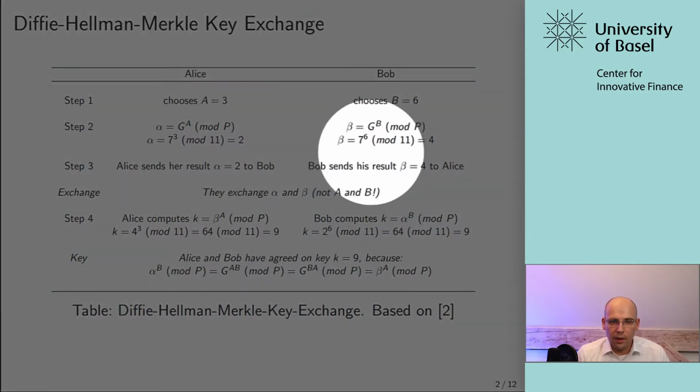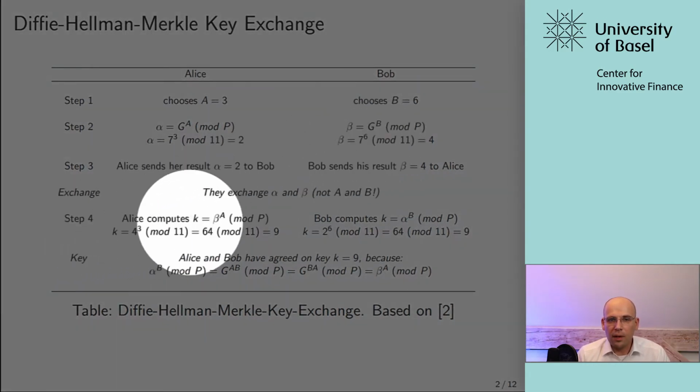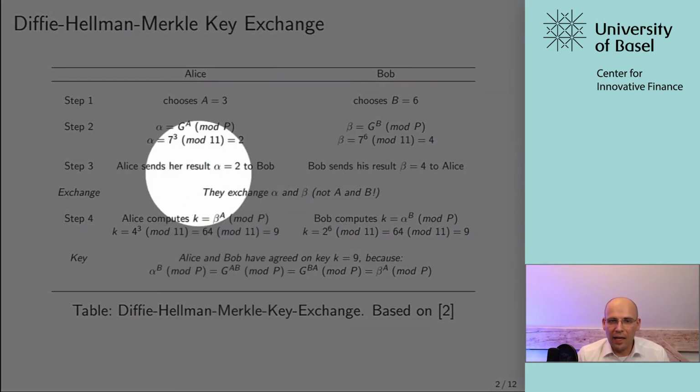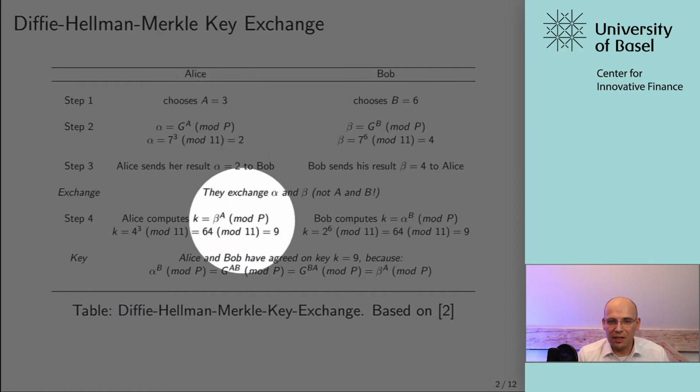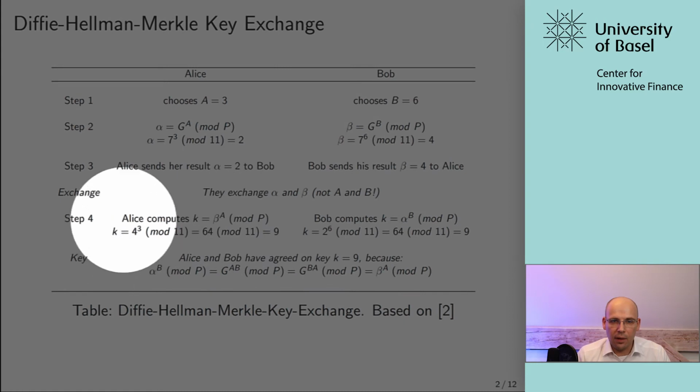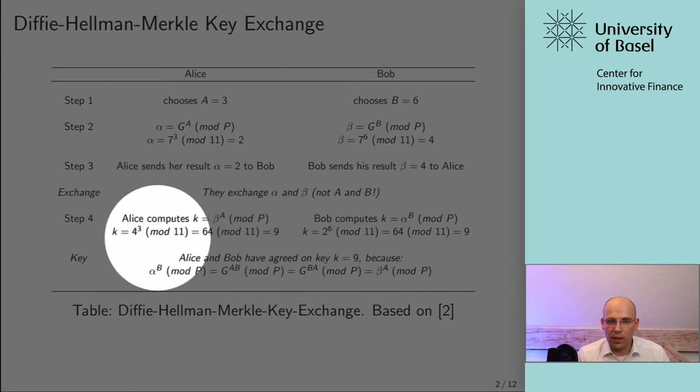Okay. Now in step 4, Alice will compute K, and K can actually be computed by using beta, that's the number she received from Bob earlier, and might be potentially public, to the power of A, that's her private information, that's definitely not public, it hasn't been shared with anyone, mod P. In our example, K would equal 4 to the power of 3 mod 11.